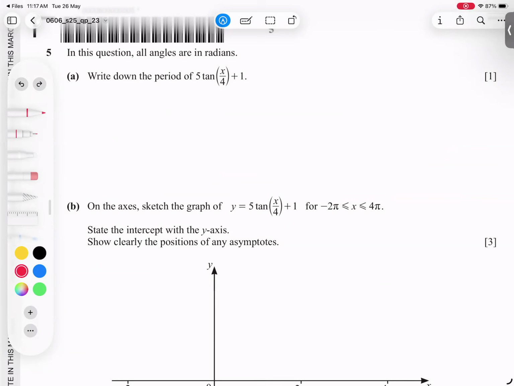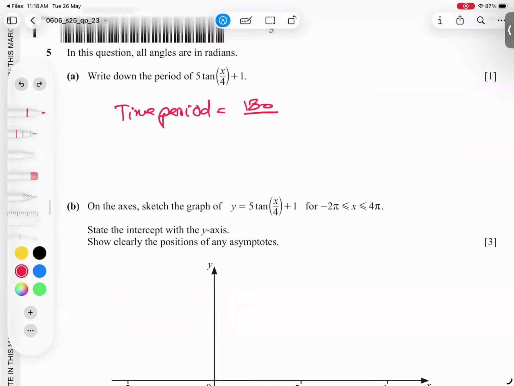Normally the formula we use is 180 over the number of cycles.